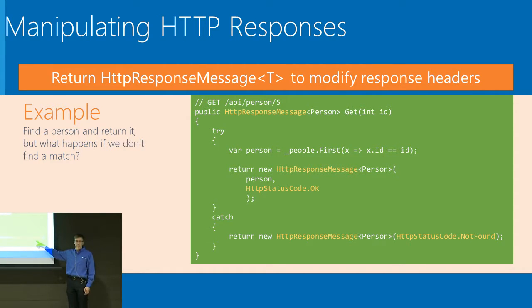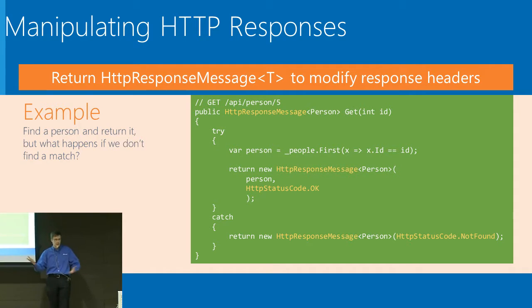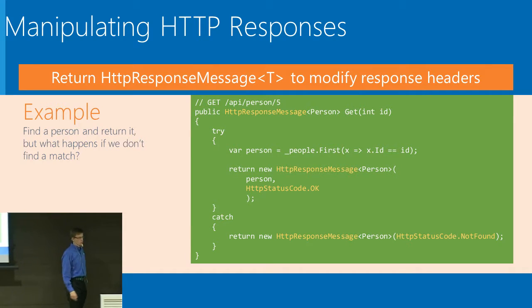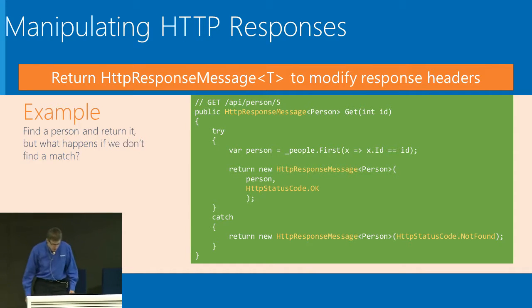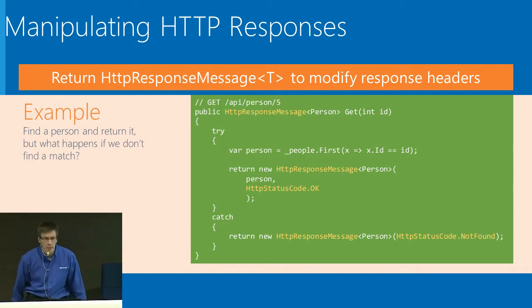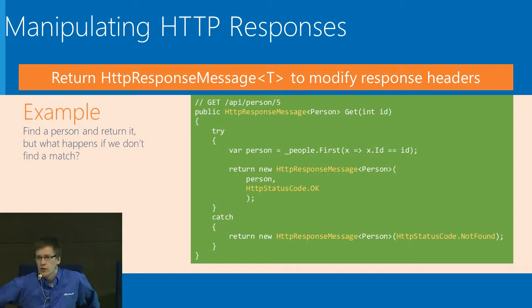Instead, I return a HTTP status code not found, which obviously is the very familiar 404 for us. So the client application would then immediately know what's the situation. The ID that was specified wasn't found. So there is no need to come up with a custom error handling functionality or something like that.